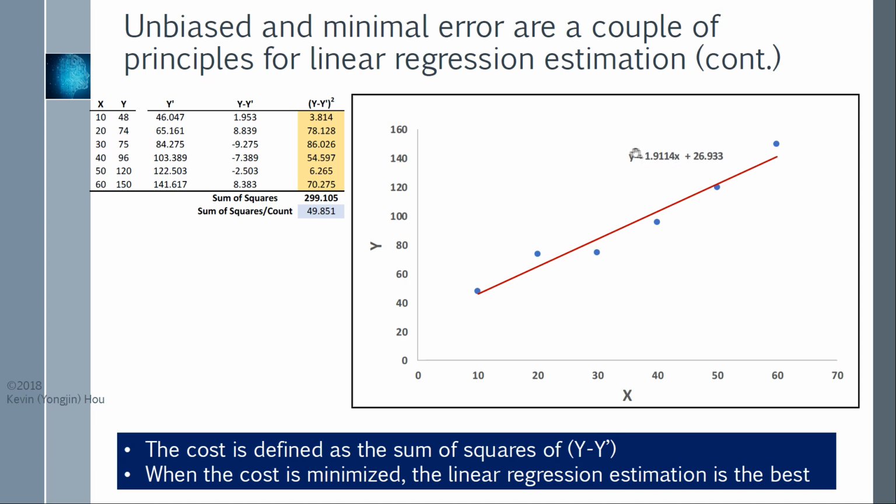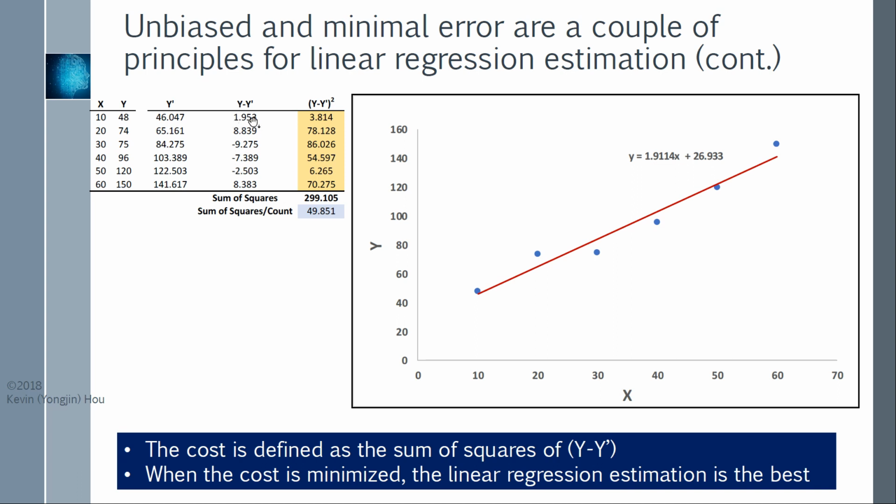Let's do a few things. If we just use this equation to make predictions, we're going to get y prime, which means the prediction from our linear regression. Then we calculate the error, which is defined as the difference between the actual y values and the model predicted y values.